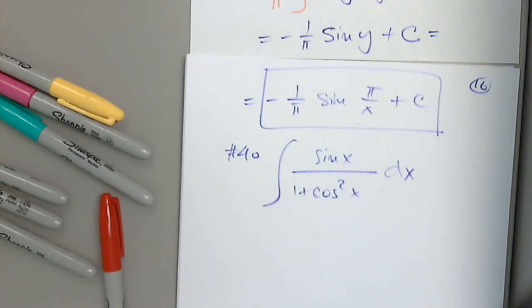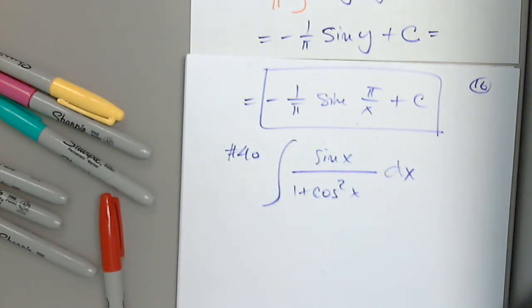Now, if I ask you what bothers you, you'll say, well, nothing, because this is sine x, this is cosine x. It's not a function inside another function. But if you look again, you will see that you are bothered by a denominator with two terms. I like a denominator to have one term, but I don't like two terms in the denominator.